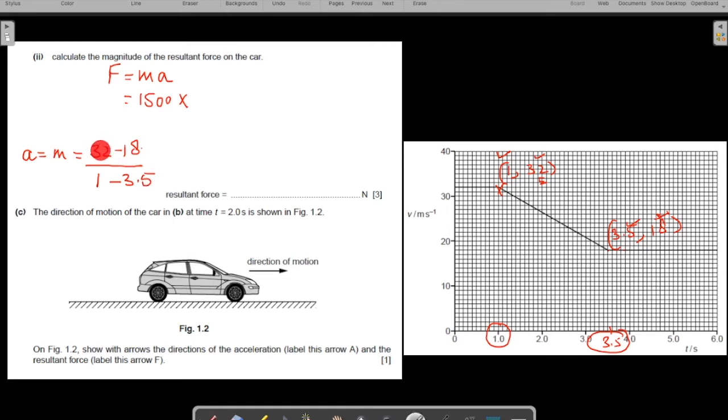So 32 is coming first, so the corresponding x, 1, will also come first, right? Do not switch their position. It should not be that you do 32 minus 18 in the numerator and 3.5 minus 1 in the denominator. If you do that, your signs will get switched and you'll get wrong results with respect to signs.